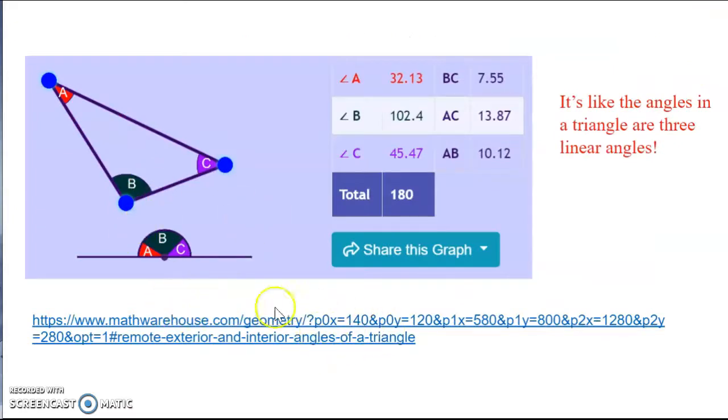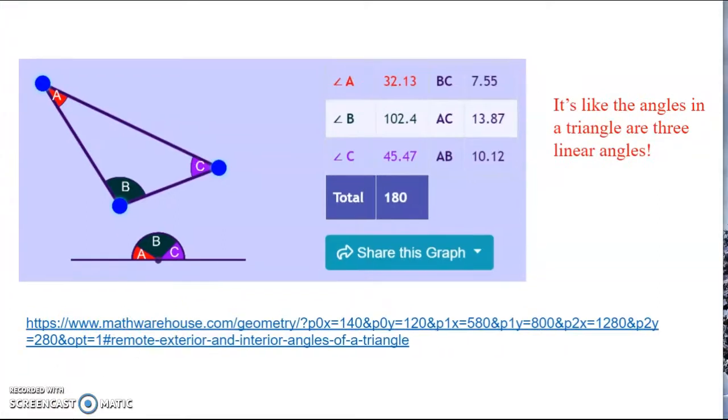And this is a cool animation of it. So if you have time, you can click on this from the lesson slide. In the interest of time, we're not going to do that, but basically, if you add angle A, B, and C, if you put them together, it's always going to form a straight line, which means it's going to add to 180 degrees.